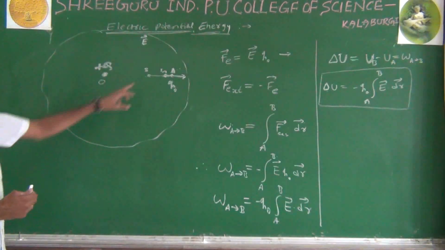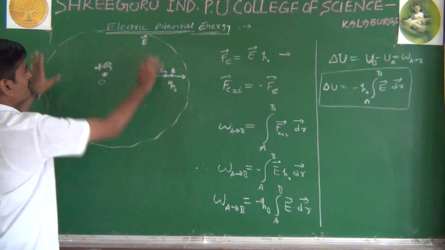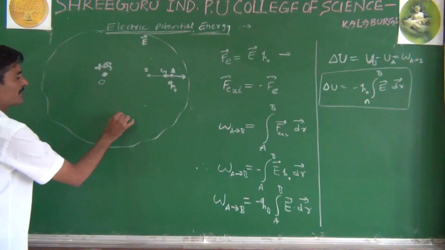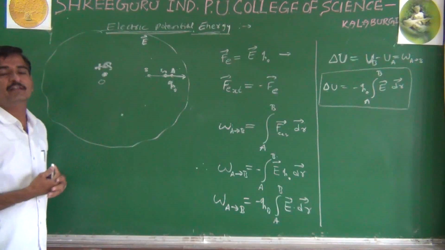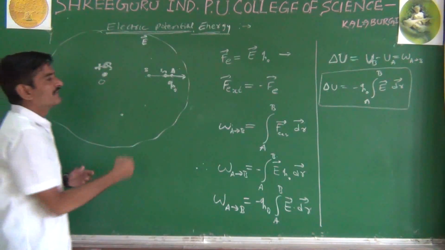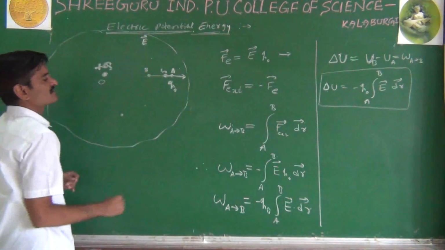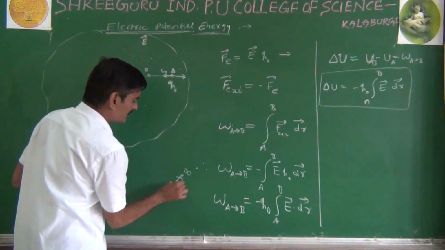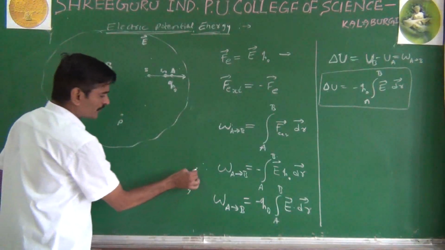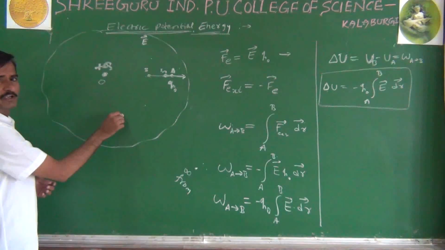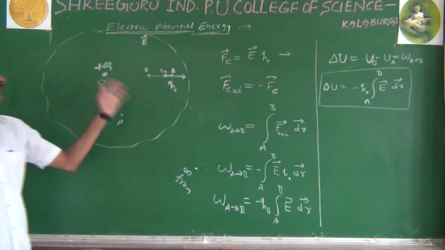So now, for the electric potential energy at a particular point, say this point, generally at any point, we have to consider that the test charge, not the source charge, is moved from infinity to the point, I will call this point P. Infinity is nothing but a distance far away from the source charge.